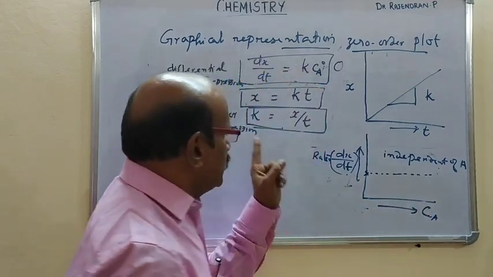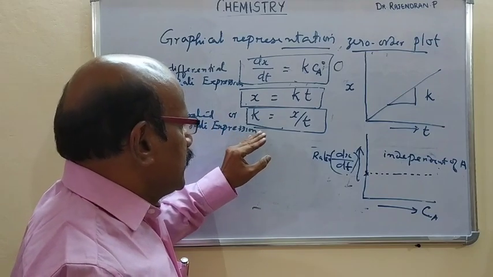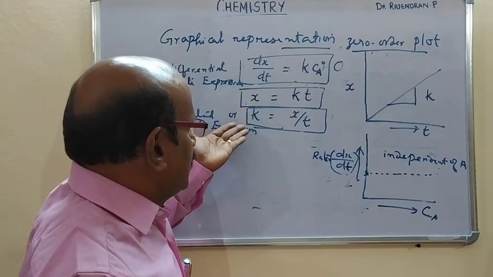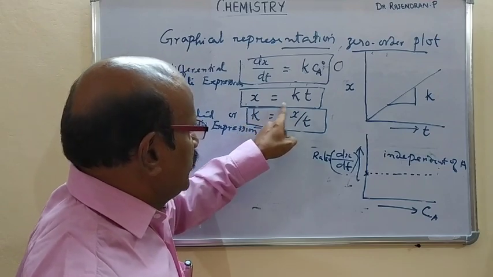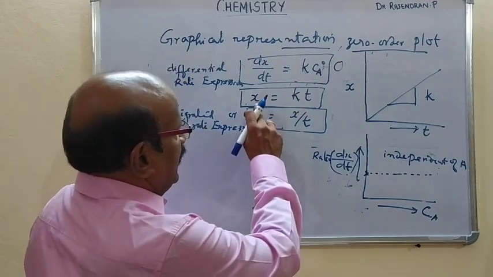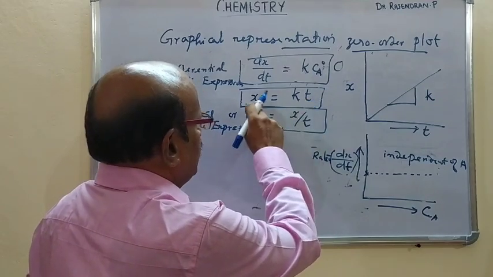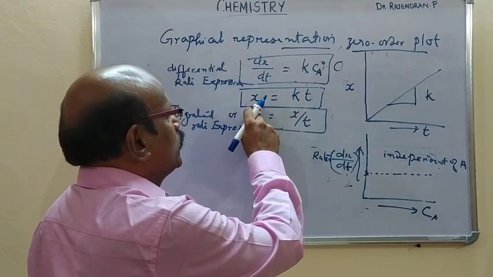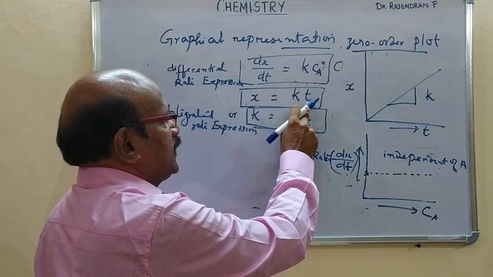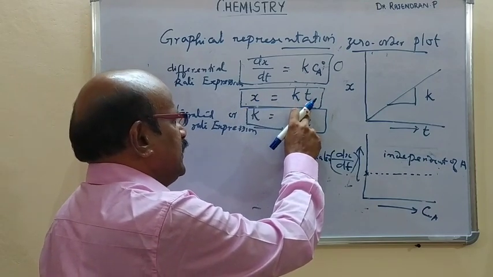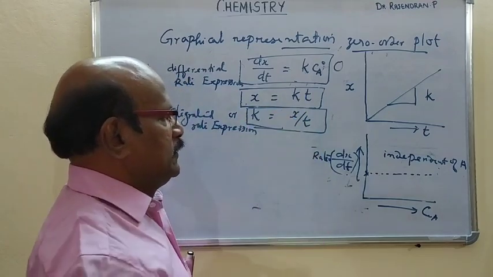Okay. On the other hand, if we plot the integrated rate expression, it says that x is equal to kt. That means x, the amount of the product formed, is directly proportional to t, so the rate of formation of the product is a constant.